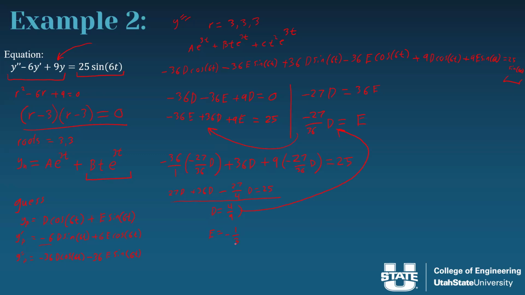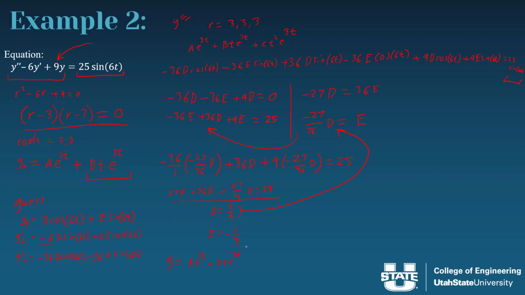Now, at long last, we can finally build our general solution with a twist. I'm not going to rewrite everything else because you guys saw it last time. So we're going to have A e to the 3t plus B t e to the 3t.